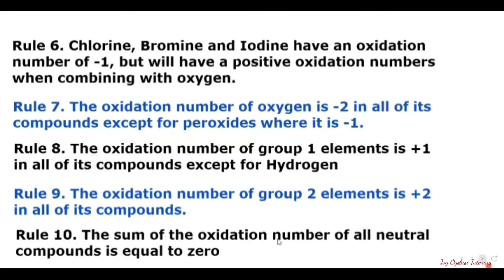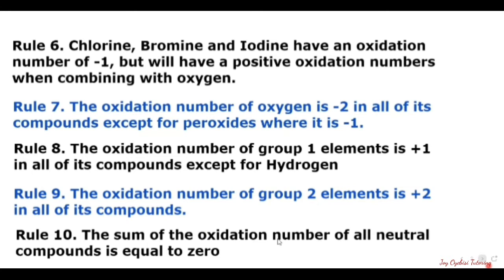The sixth rule is that chlorine, bromine, and iodine have an oxidation number of -1, but will have positive oxidation numbers when combining with oxygen. So it can have 0, +1, +2. It can have different positive oxidation numbers when it combines with oxygen, depending on the type of compound.